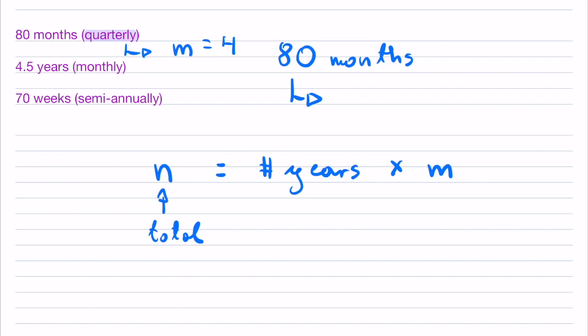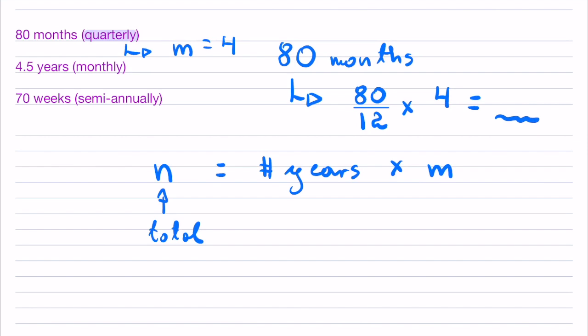So 80 months, as you know, you can convert to years by simply saying 80 over 12. And that would mean that if you wanted to find n, you just multiply by 4, and you can get your answer.